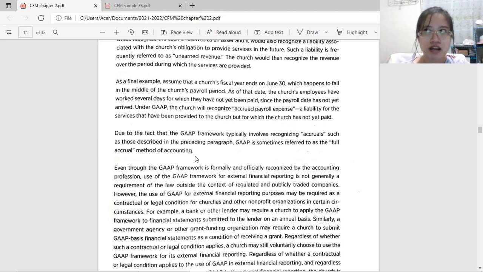Whereas the deferral is that either you receive the money first before you deliver the service or the products, or you receive the money first before using the service or incurring the expense. As in the case of renting a building, you pay first before using the building, so that's deferral. So opposites, accrual and then deferral.